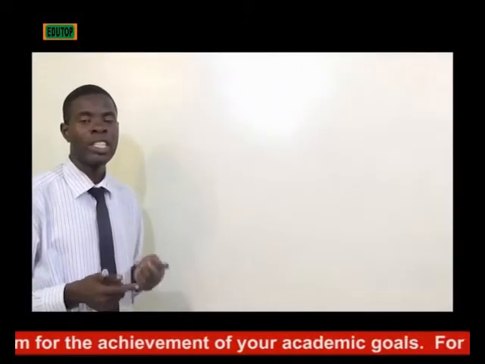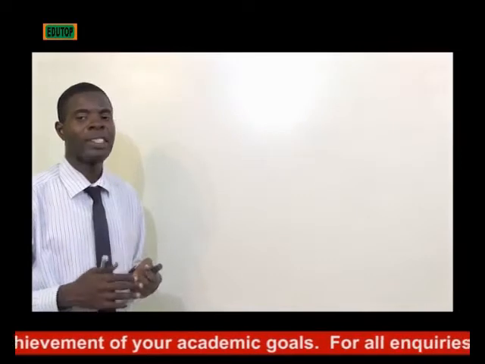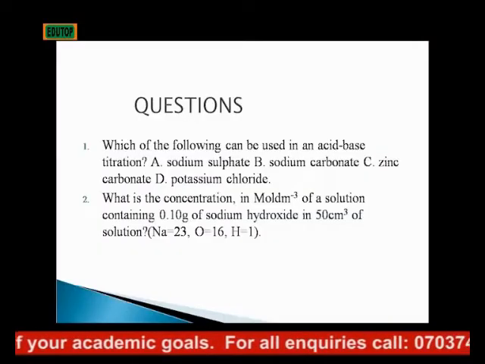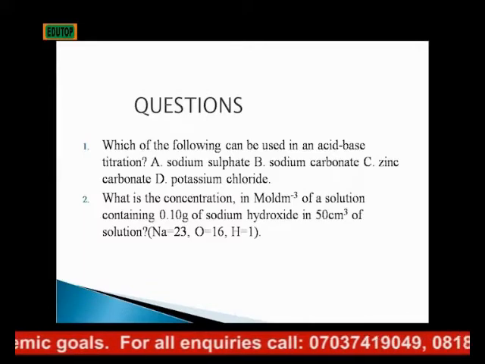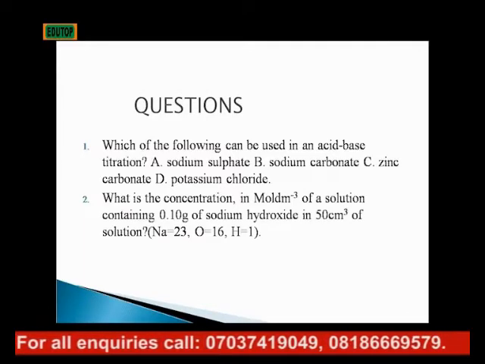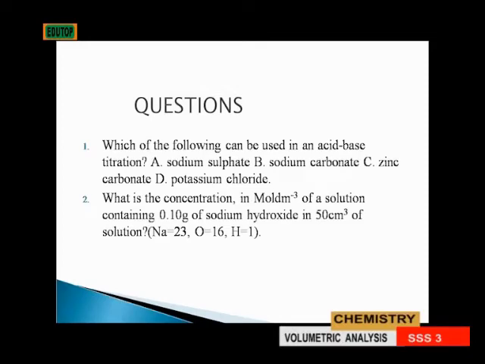Questions designed for this topic, which is volumetric analysis. Number 1, which of the following can be used in an acid-base titration? A. Sodium sulfate. B. Sodium carbonate. C. Zinc carbonate. D. Potassium chloride. Number 2, what is the concentration in mole per dm cube of a solution containing 0.10 gram of sodium hydroxide in 50 cm cube of solution?